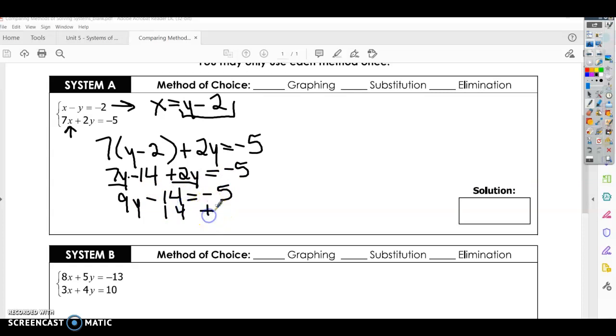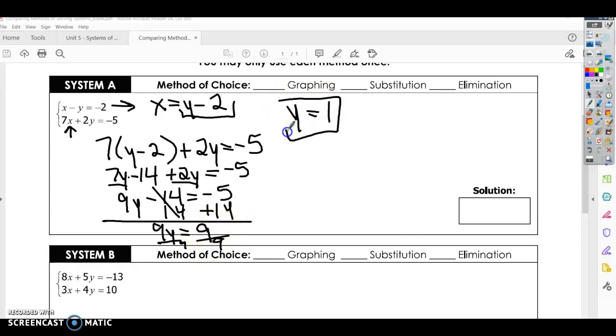Now I need to add 14 to both sides. And 9y equals 9, and divide by 9. Y equals 1. So 9 divided by 9, y equals 1.